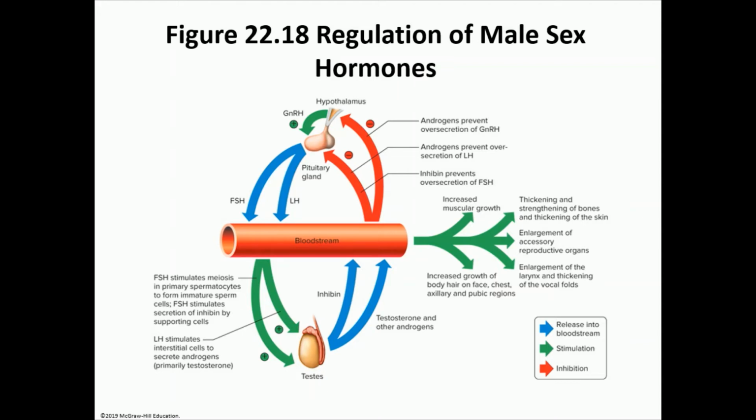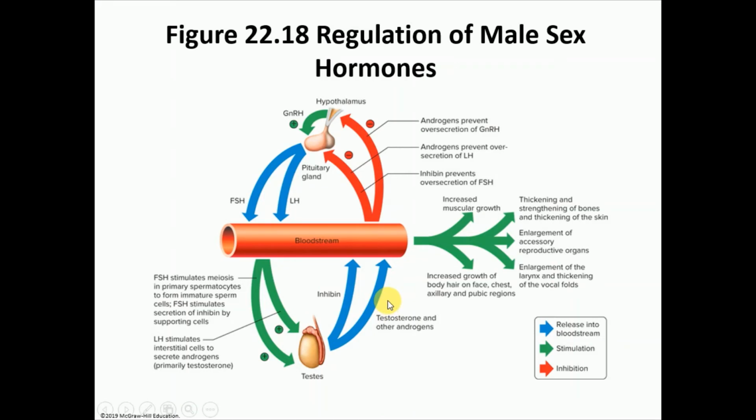It does the same in males, so it'll also stimulate the process of making a mature sperm. So FSH again reaches the testis and stimulates the process of spermatogenesis, while luteinizing hormone also reaches the testis and stimulates the making of testosterone.